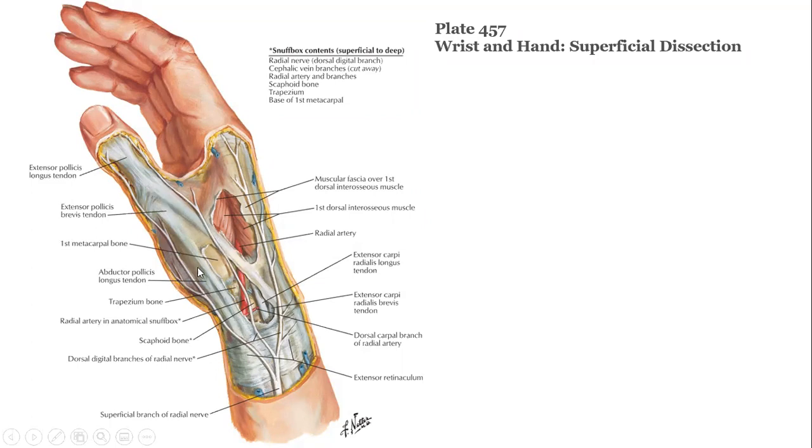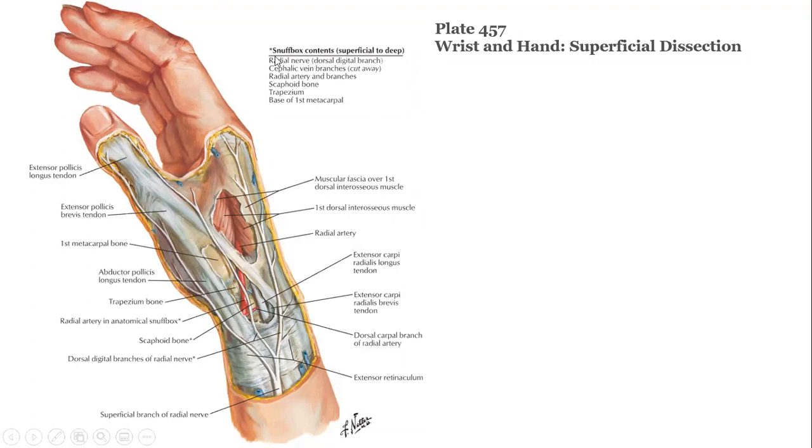All three of these tendons are considered the boundaries of your anatomical snuffbox. They've labeled here the scaphoid bone, then your trapezium bone, and then the first metacarpal, because remember the first metacarpal is a part of the thumb. There's your radial artery passing through the anatomical snuffbox.